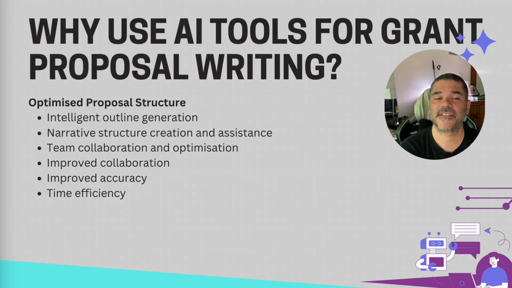It can help with team collaboration and optimization, and help the team realize the different parts that they need to complete. And this is going to help your collaboration. It's going to improve the accuracy, and it's going to make your time more efficient, so you can get done with these grant proposals in a quicker time and perhaps move on to other upcoming grants that you could also consider applying for.